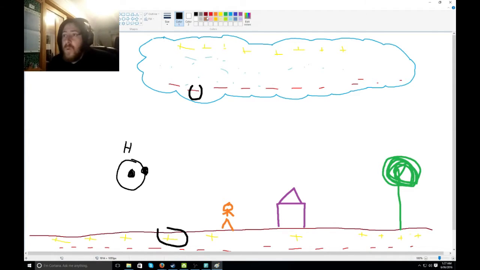So this is our negatively charged electron and our positively charged nucleus. And I know that's not an accurate representation of a hydrogen atom, but it's for example purposes.